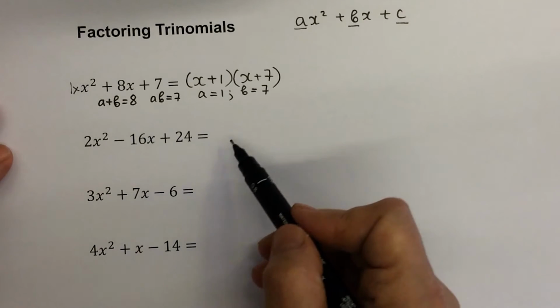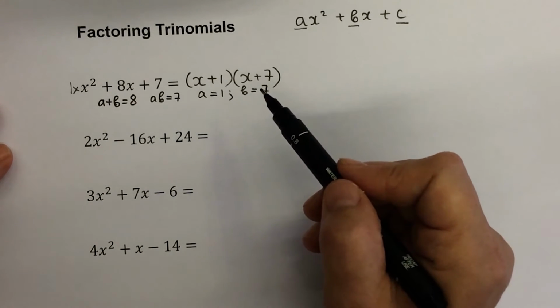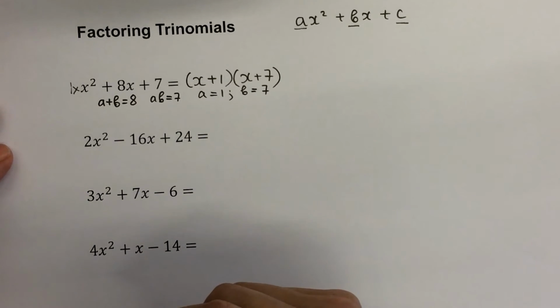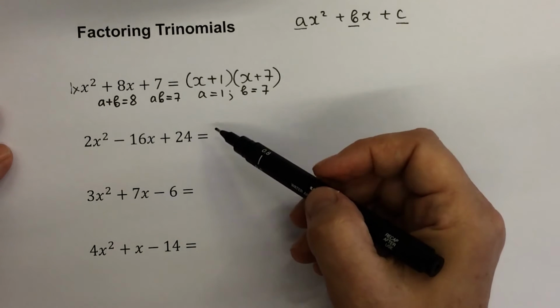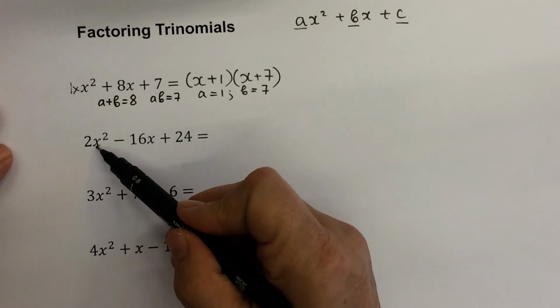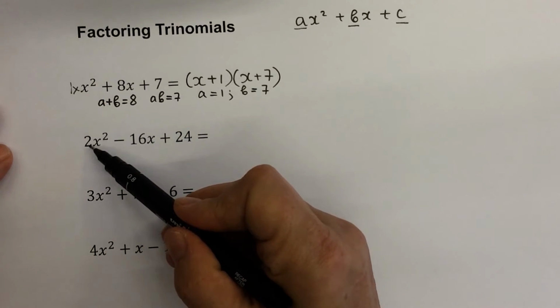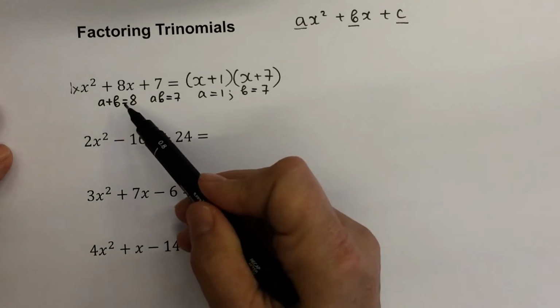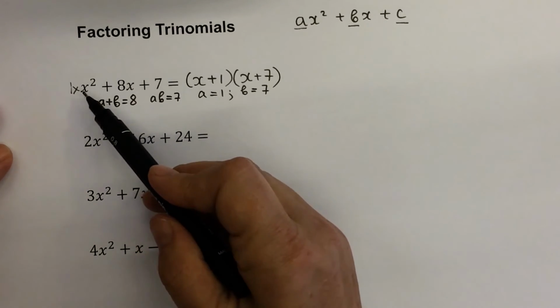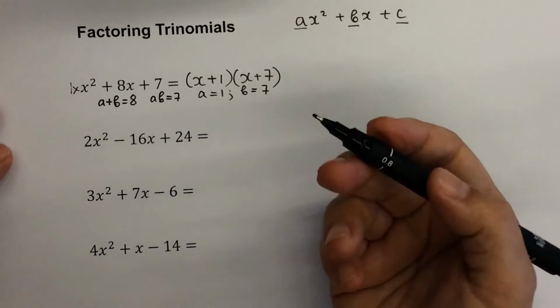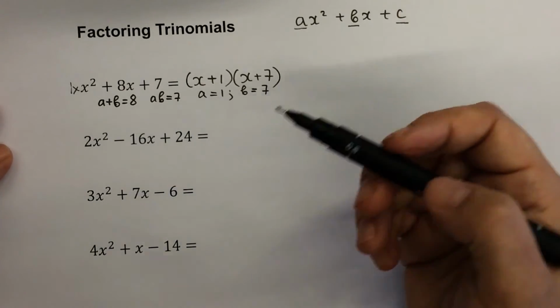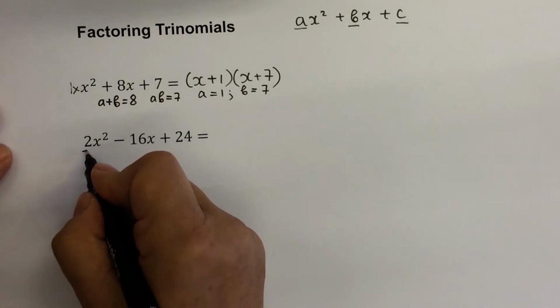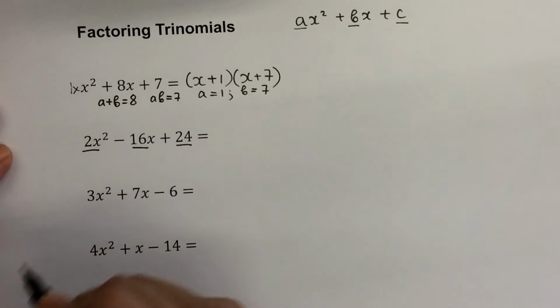Okay, so let's see, can we apply the technique we just learned to the next example? Well, not at first sight, because the coefficient for x squared is not 1. So this is applicable only when the coefficient for x squared is 1. Maybe we can bring it to this case, because I noticed that all three terms have 2 as a common factor.